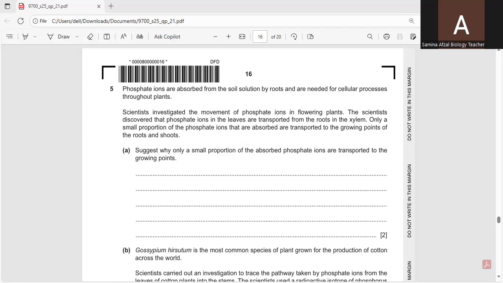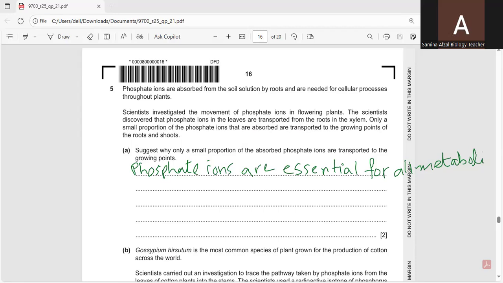Phosphate ions are transported for all metabolically active cells, not just the growing points.